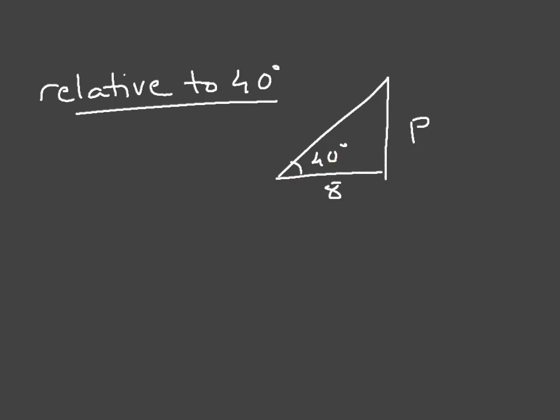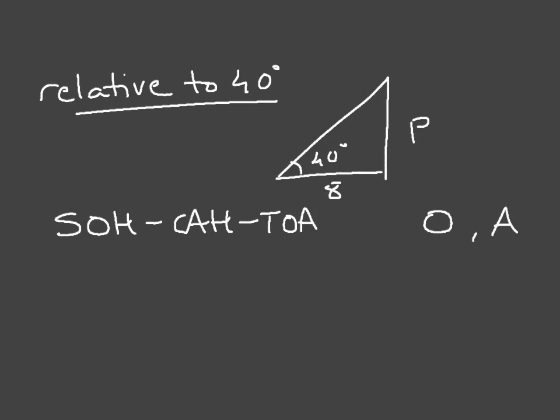Now again, look back at your trigonometric ratios, SOH-CAH-TOA, and ask yourself, which one of these ratios has both the opposite and the adjacent? Remember, opposite would be O, and adjacent would be A.